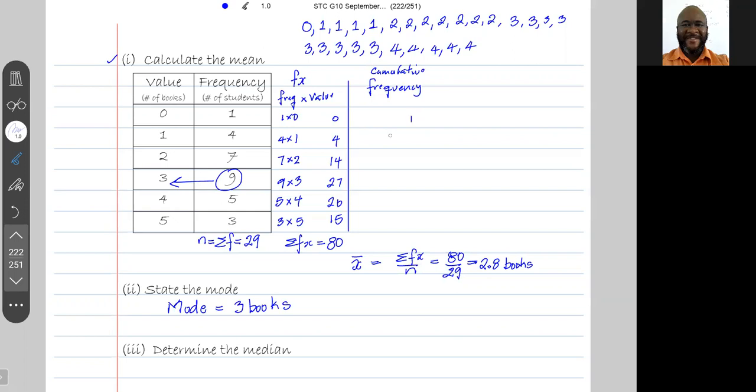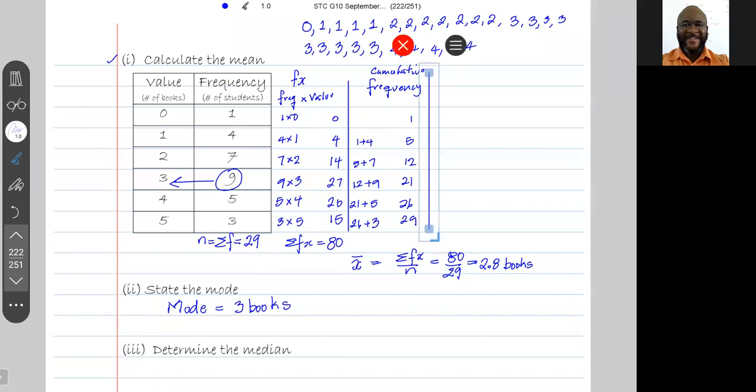So this is 1, then 1 plus 4, 5. 5 plus 7, 12. 12 plus 9, 21. 21 plus 5, 26. 26 plus 3, 29. So cumulative frequency means we're adding the frequency going down.